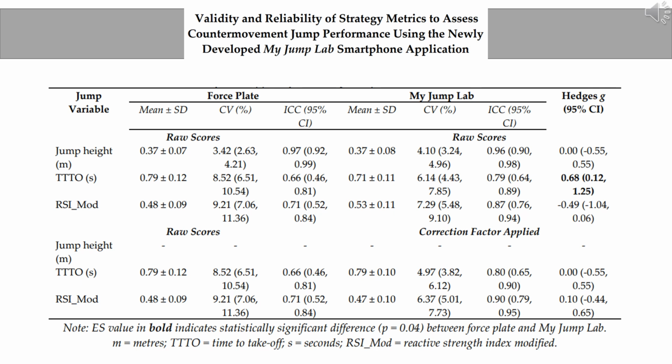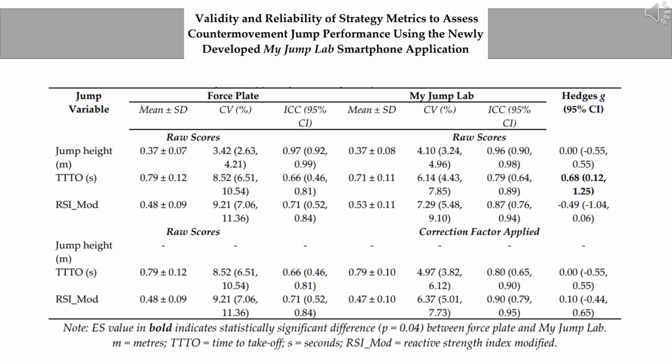And if you then see, once we plotted that correction equation here, you can see that the difference was almost identical. So again, we turned a moderate to large difference or effect size into absolutely no difference whatsoever once we had applied that correction factor.